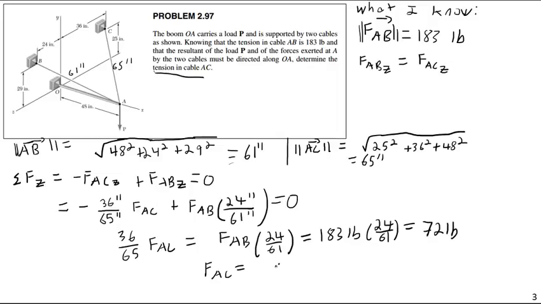So FAC, therefore, is going to be 72 pounds times 65 over 36. Just solving this, 72 times 65 over 36 is exactly 130 pounds. Exactly, yes. And that's how you solve problem 2.97.